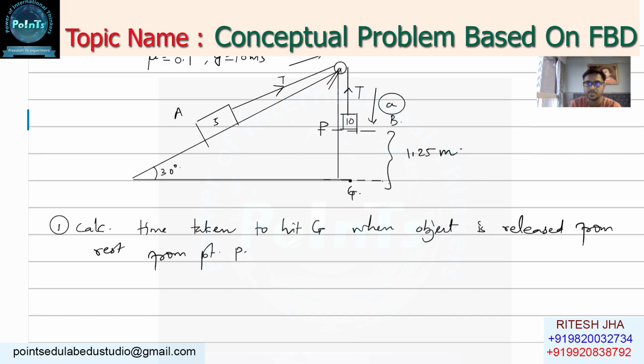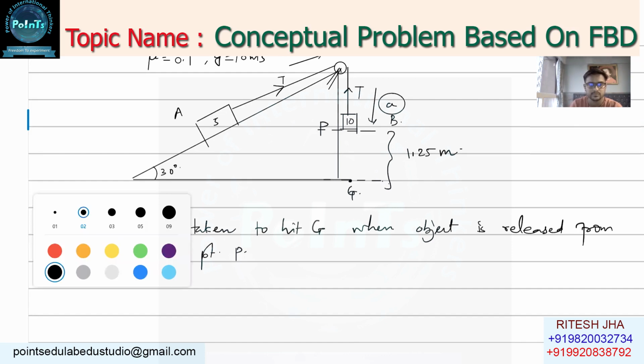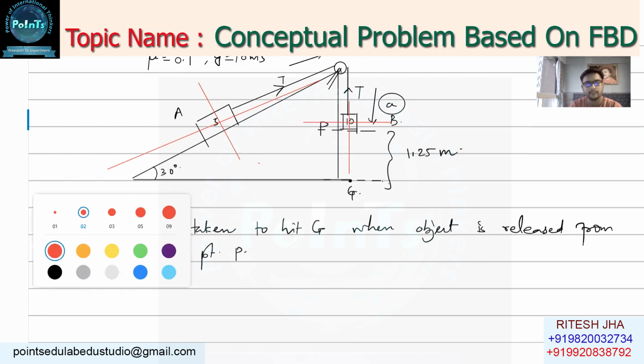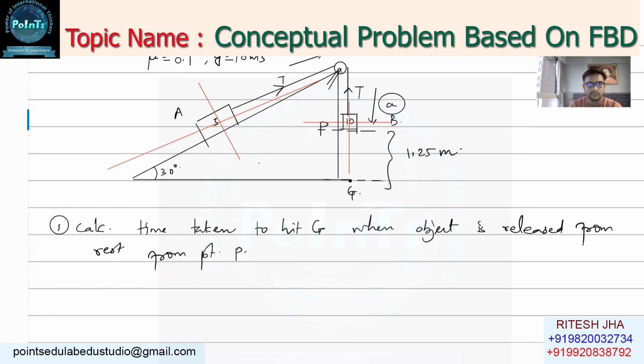The first step is to draw the equal forces, tension. So we know that Ft can be equal to mg sine theta plus mu mg cos theta. Basically mg of sine theta plus mu cos theta if we factor it out.